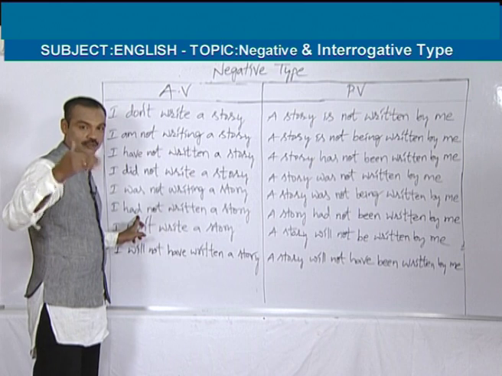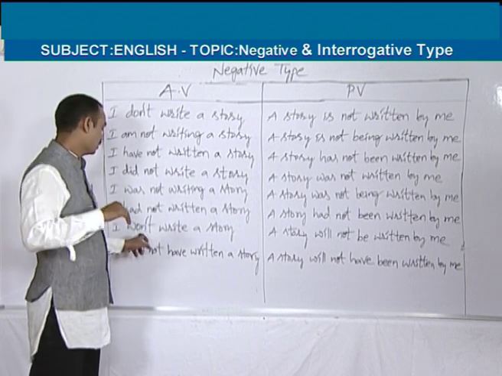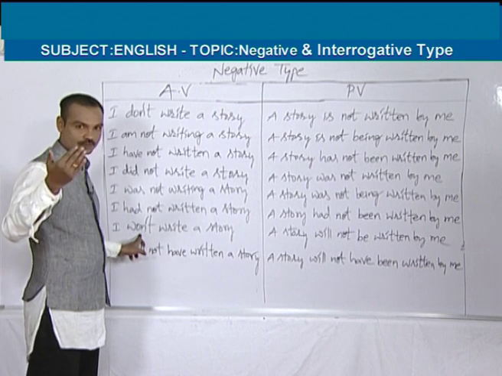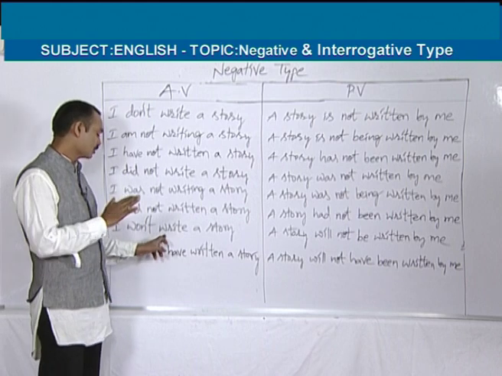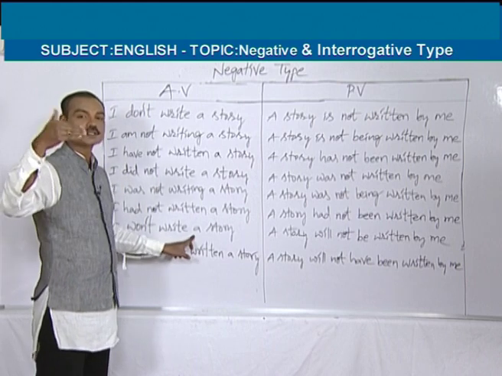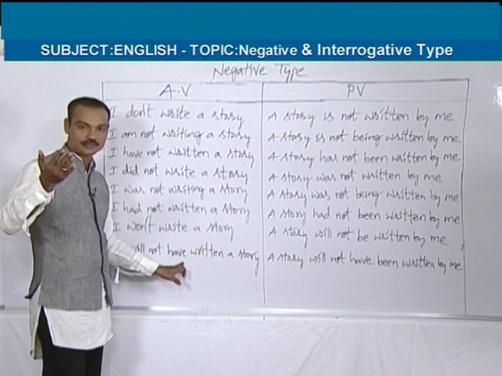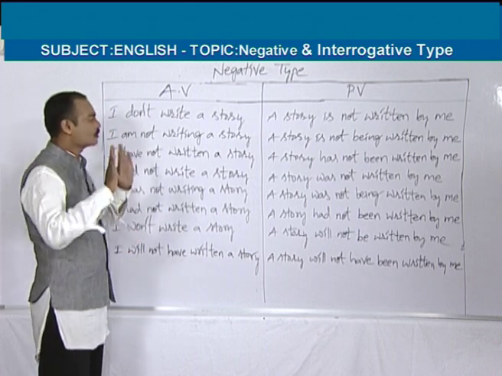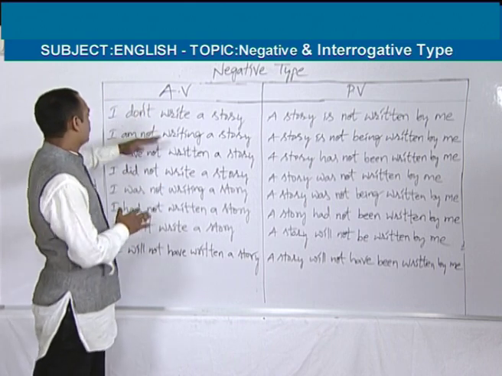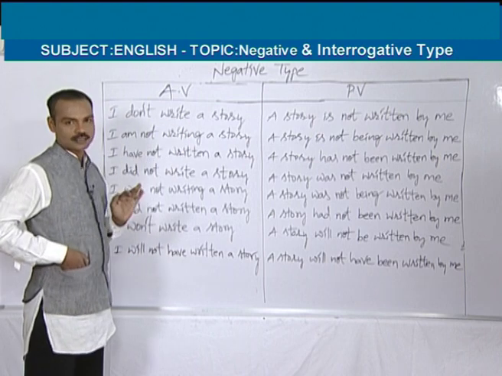Next, when you find had not, that is called a past perfect tense sentence. Will not or shall not: will not becomes won't, shall not becomes shan't. So you can think that such sentences are from simple future. Next, will not have or shall not have, those sentences are from future perfect tense. So friends, with the help of the helping verbs only you can find out the names of the tenses.